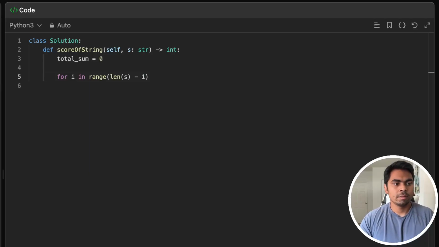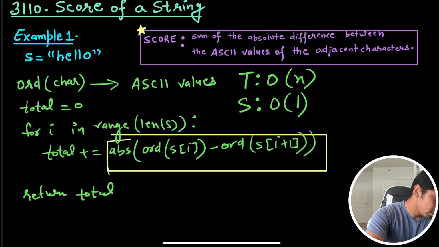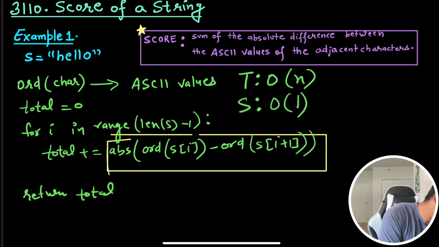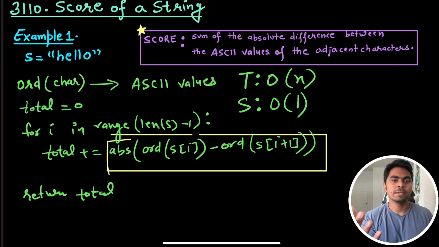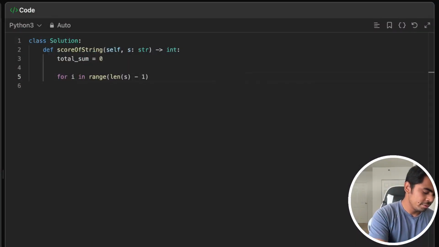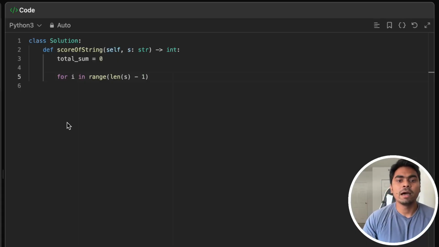Let's go back. This right here needs to go to length minus 1, and the reason is you're trying to find these adjacent values, so you can't go to the last index and try to access its next character. That will be out of index, so that is why minus 1.